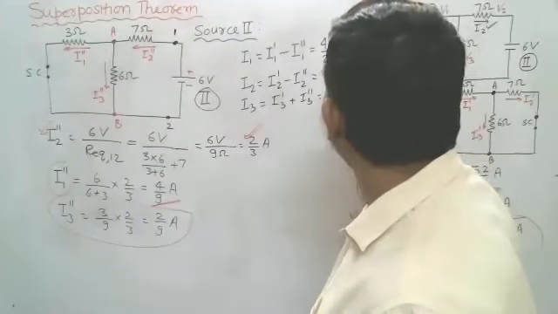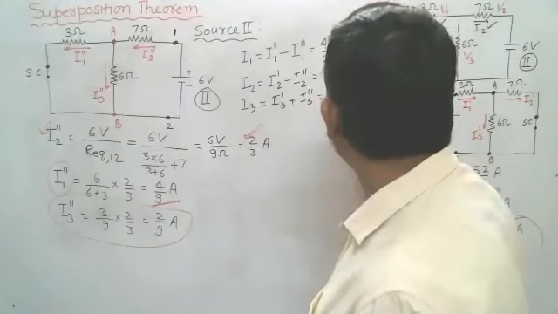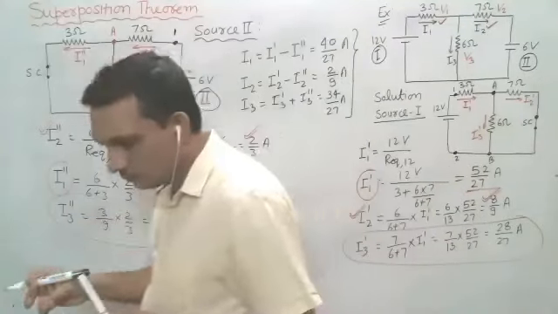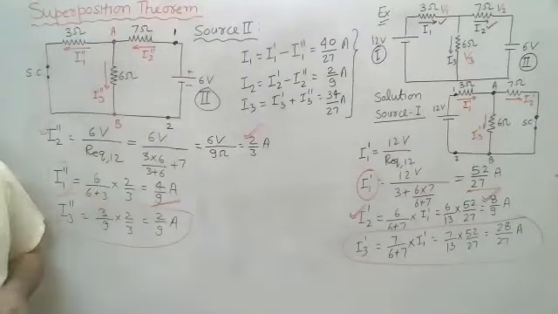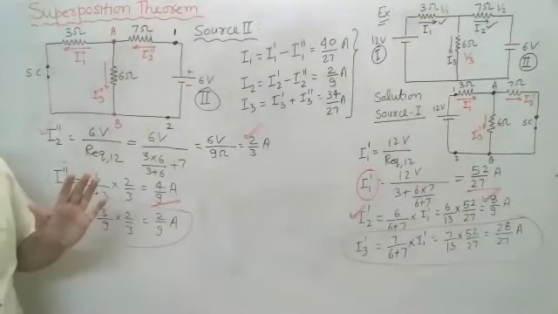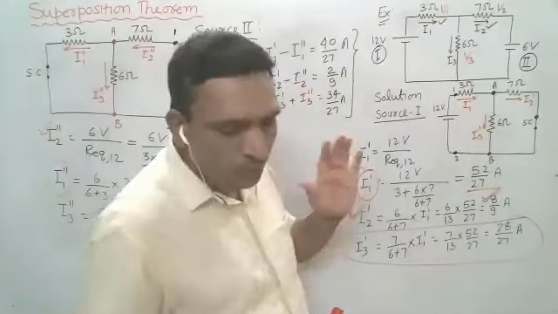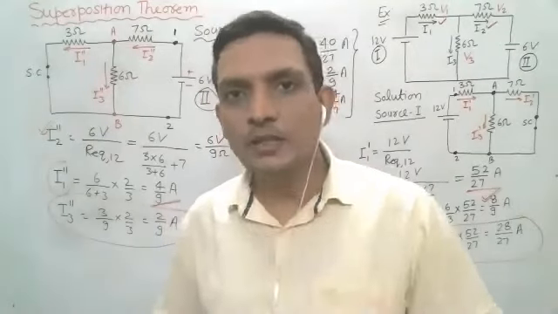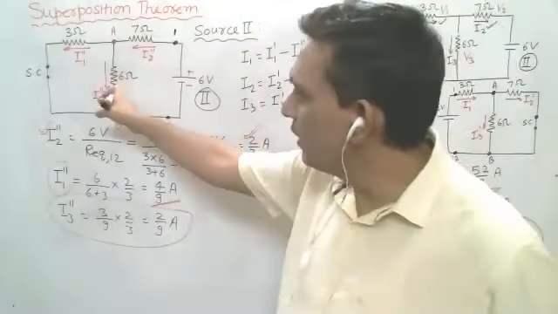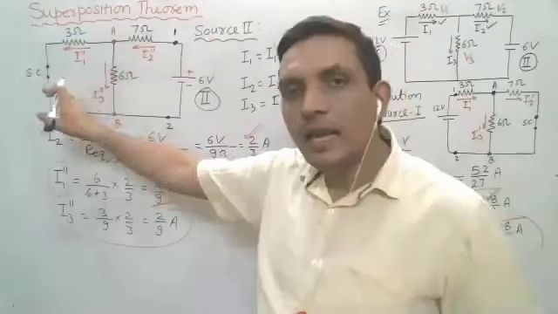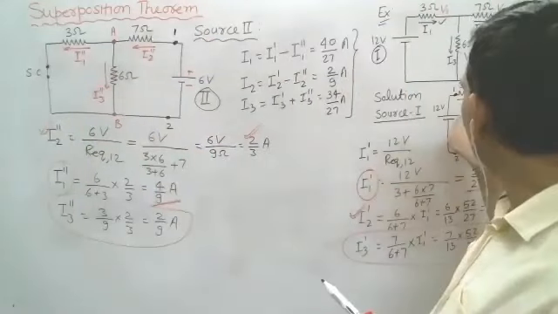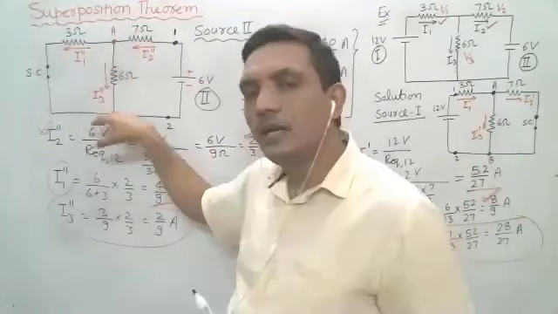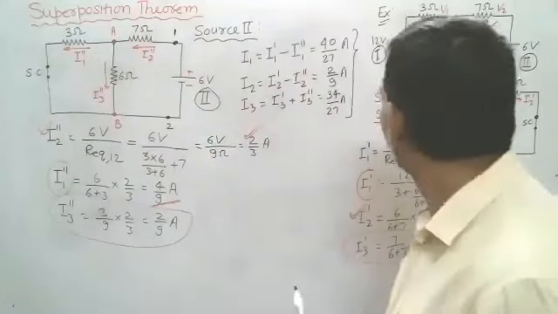That gives 34 by 27. Is it clear? Yes, sir. So you can see the magnitude and direction of current, because due to a single source you know the actual direction of current. So you can easily find the direction of current by seeing I1 dash, I2 dash, I3 dash, and I1 double dash, I2 double dash, and I3 double dash.